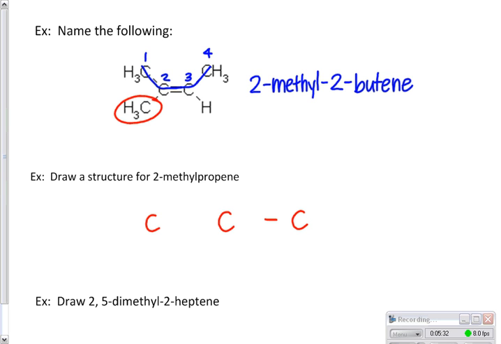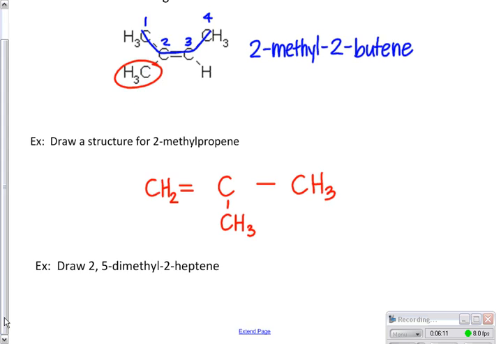It really makes no difference where you put it, and that's why you don't see a number in front of the prop telling you where it's located, because it can only be located off of the 1 carbon. Then you go on to the 2 carbon and put a methyl group, which we learned yesterday is CH3, and then you fill in your H's. Here we would have 2 more H's. Here we have no more H's because we're making all 4 bonds, and here 3 more. So now you've drawn a structure for 2-methylpropene.